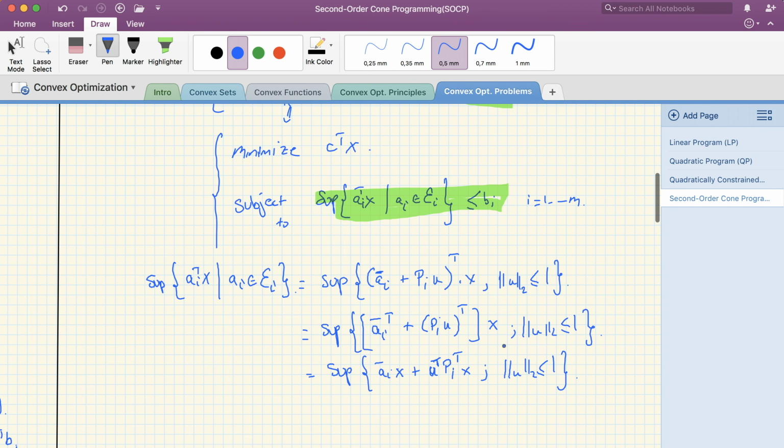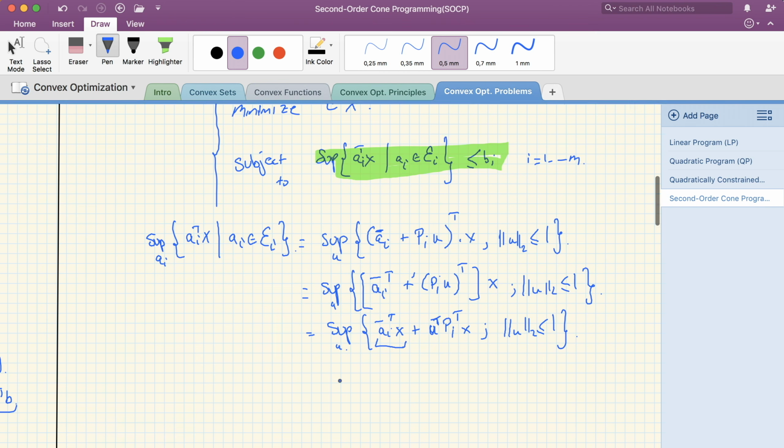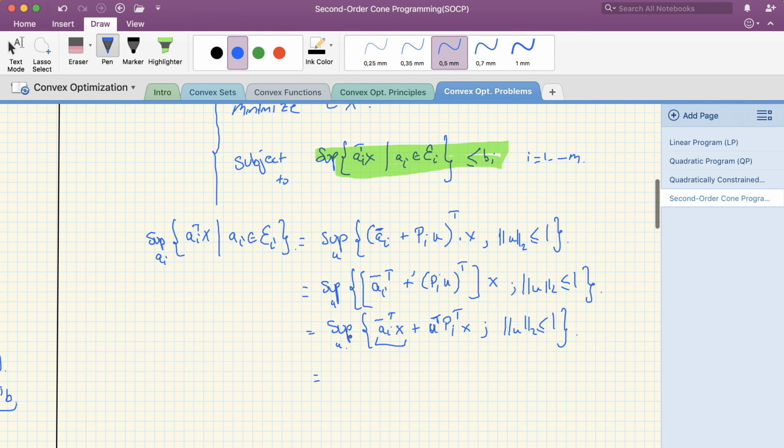Note that here, the supremum is with respect to U, right? All this is with respect to U. Previously, it was with respect to AI, right? But now that AI is replaced, U is our variable, if you will. That being said, AI bar transpose times X is now a constant with respect to the supremum. Therefore, it could be extracted outside the supremum.